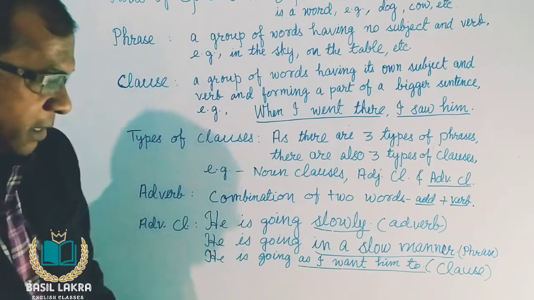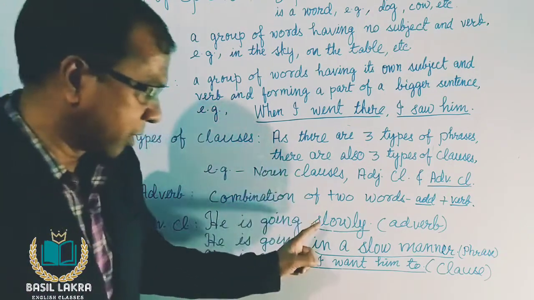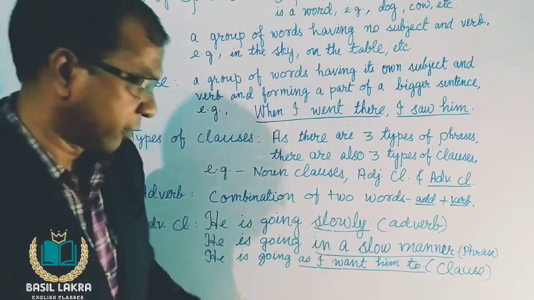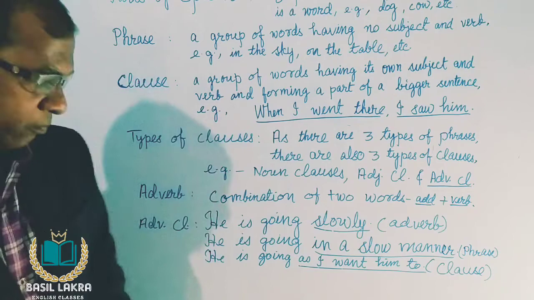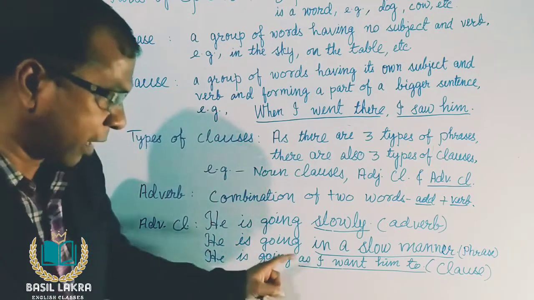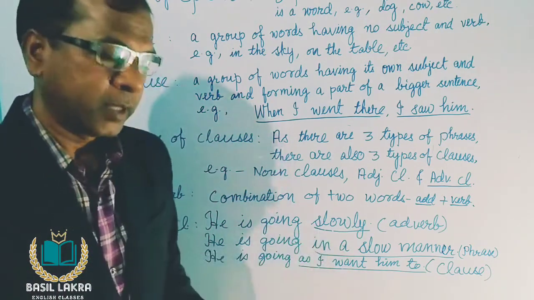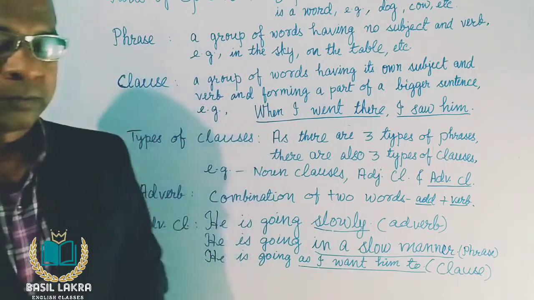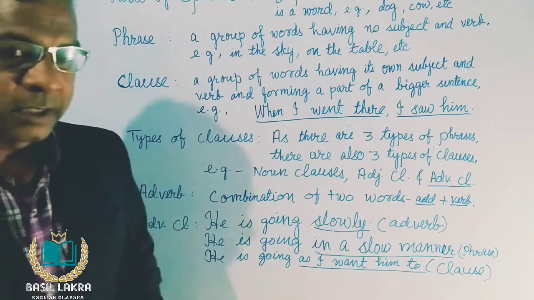Now let's try to change this adverb slowly or in a slow manner, which is a phrase, into a clause. He is going as I want him to. Now, as I want him to is a clause. What type of clause is it?